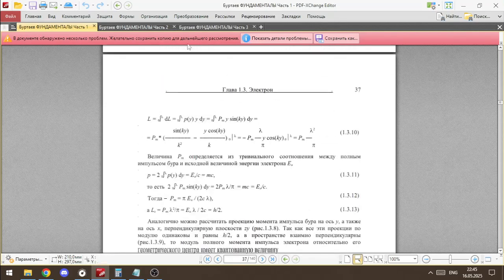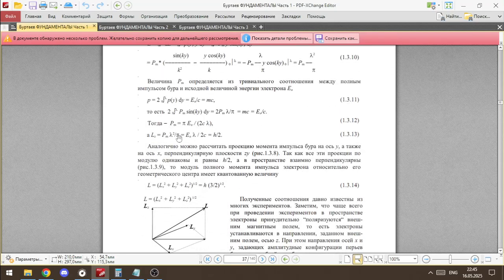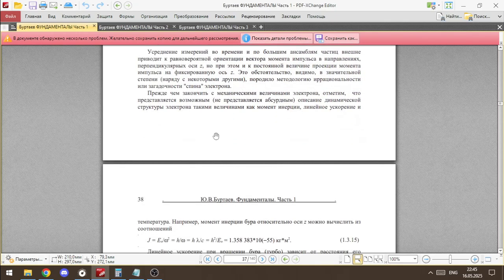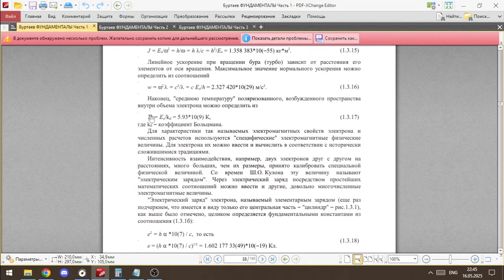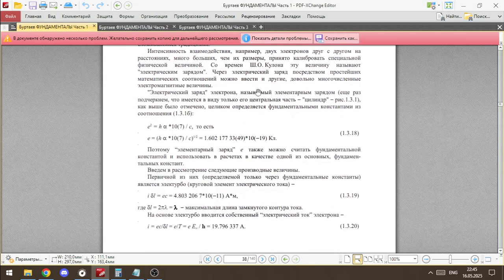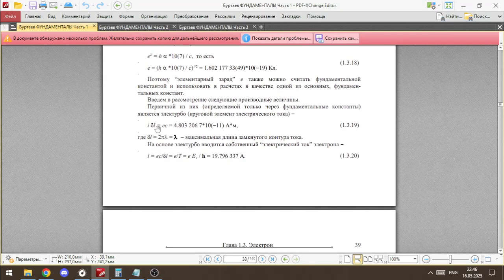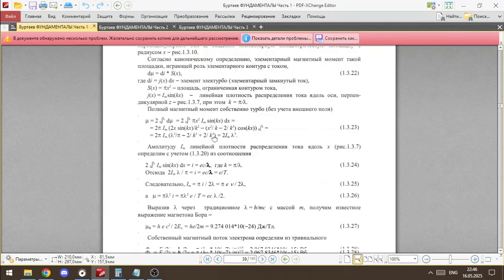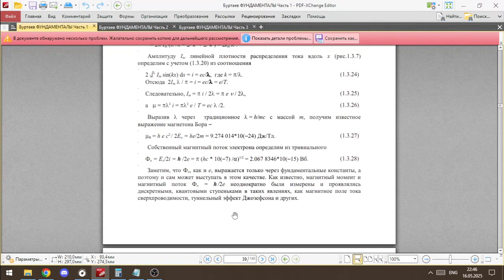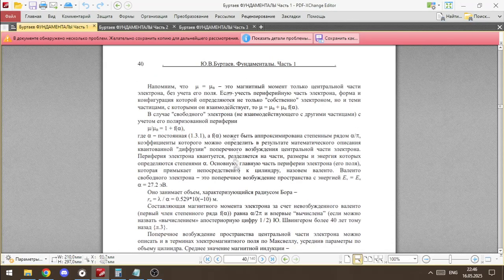We can find basically spin, that is angular momentum. We can find all these other quantities, basically. You can even ascribe to it a certain temperature, if you wish, if you divide the energy by Boltzmann's constant. Elementary current, etc. So everything is easily derivable.